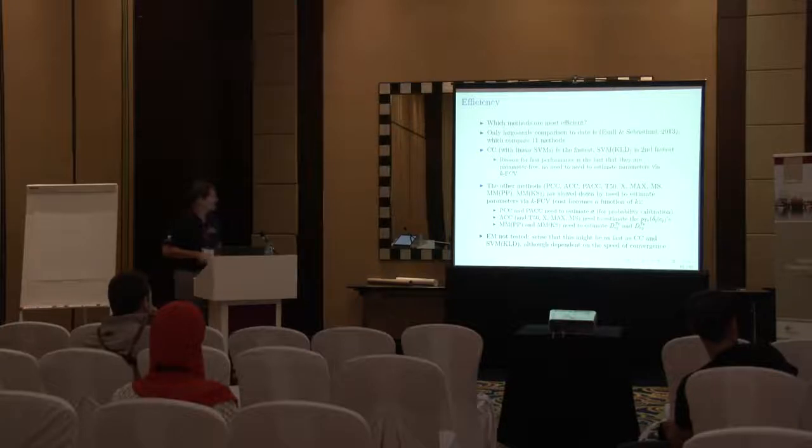For instance, the probabilistic methods like PCC need to estimate sigma, which is a parameter needed in probability calibration. ACC and other methods need to estimate the probabilities of misclassification. The mixture model instead needs to estimate the original distribution of scores from the positives and the negatives.